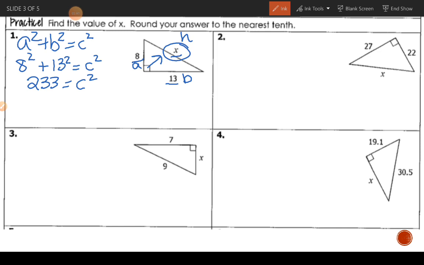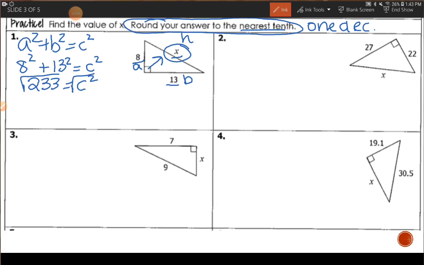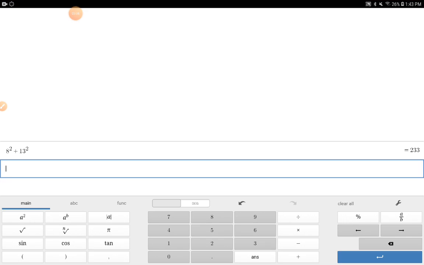Now the question up here says round your answer to the nearest tenth. Tenth, remember, is 1 decimal. So basically what that means is we're not going to have nice answers. In order to get rid of this squared right here, we're going to take the square root of both sides. So again, we go back to our calculator.